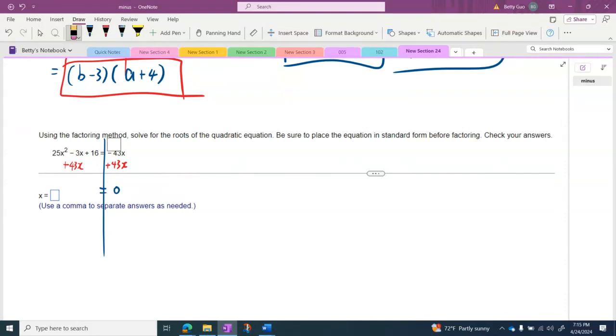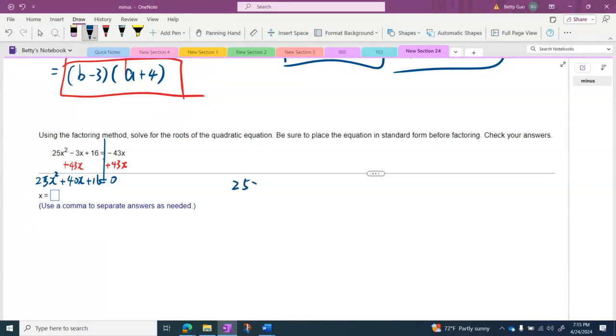And the left-hand side is 25x squared plus 40x plus 16 equals 0. Let me rewrite it here.